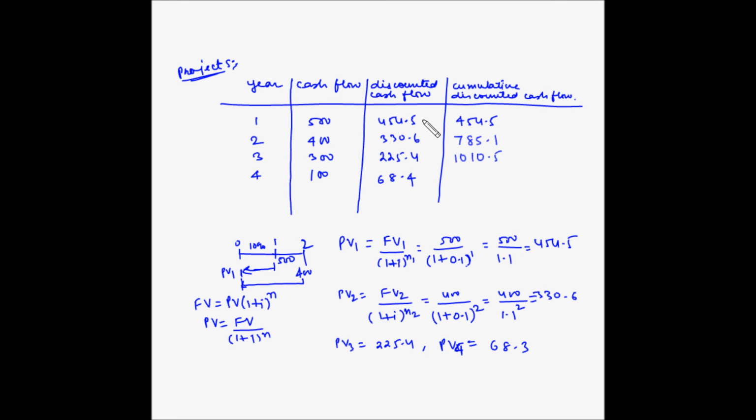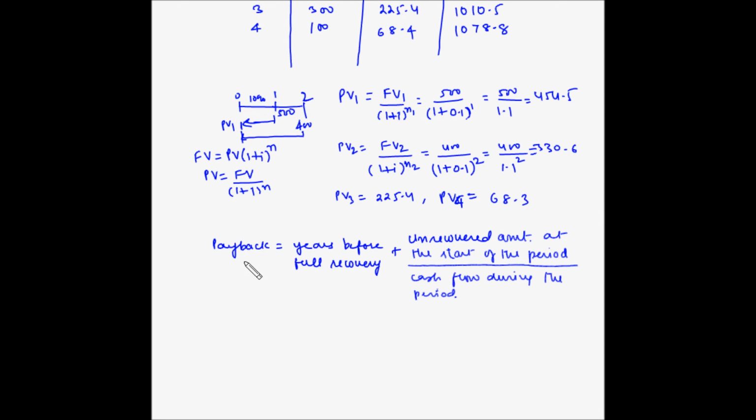Now, if we don't want to add the cash flows for these 3 years, we can also do the calculation by adding the cumulative received at the end of second year plus the cash flow received during the third year. Similarly, for the fourth year, 1010.5 plus 68.4, which is 1078.8.